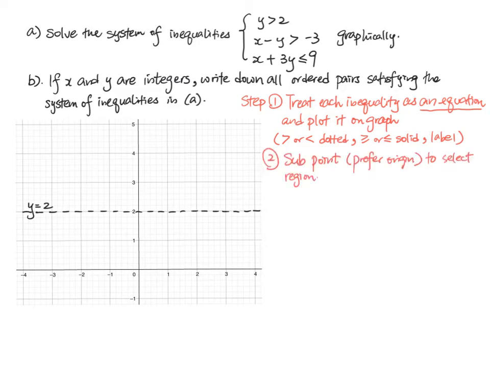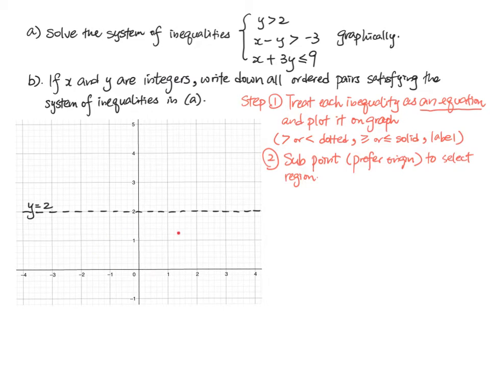Usually we substitute (0, 0) into the inequality and see if it works. But this one is much easier. It says y greater than 2. That means all these points, for example this one, the y coordinate is obviously greater than 2. So is every single other point in the same region. And if one point in a region works, the entire region will work.